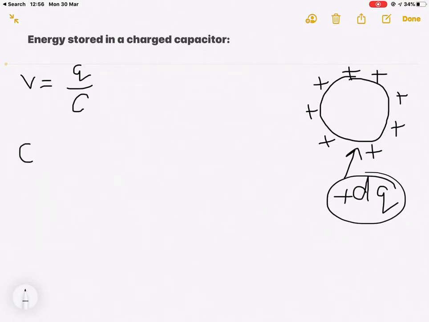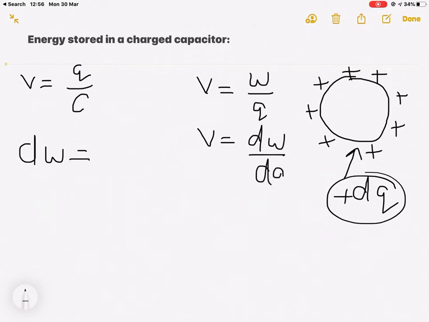So that work will be dW, and we have already studied that electric potential is equal to work done per unit charge. So here we can write V is equal to dW by dQ.